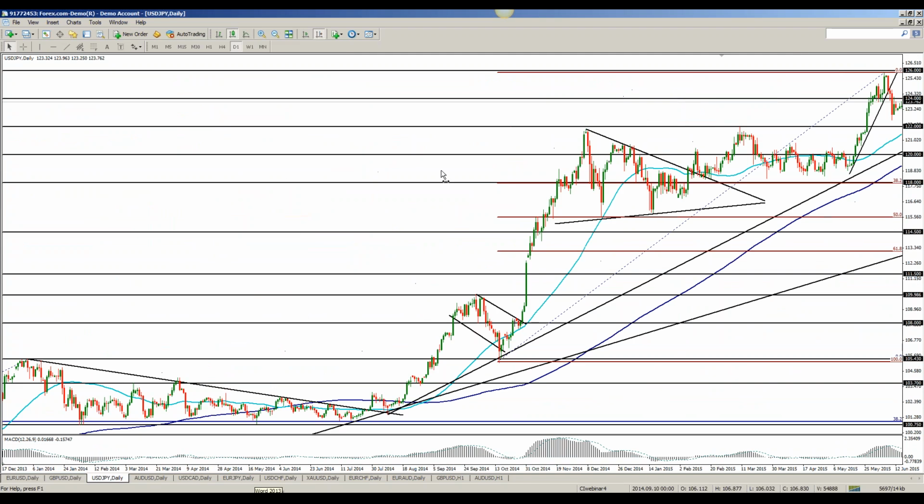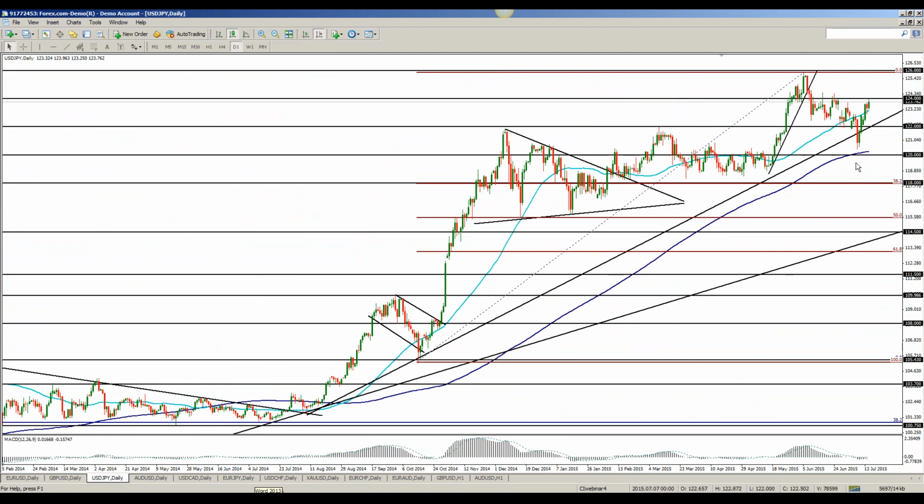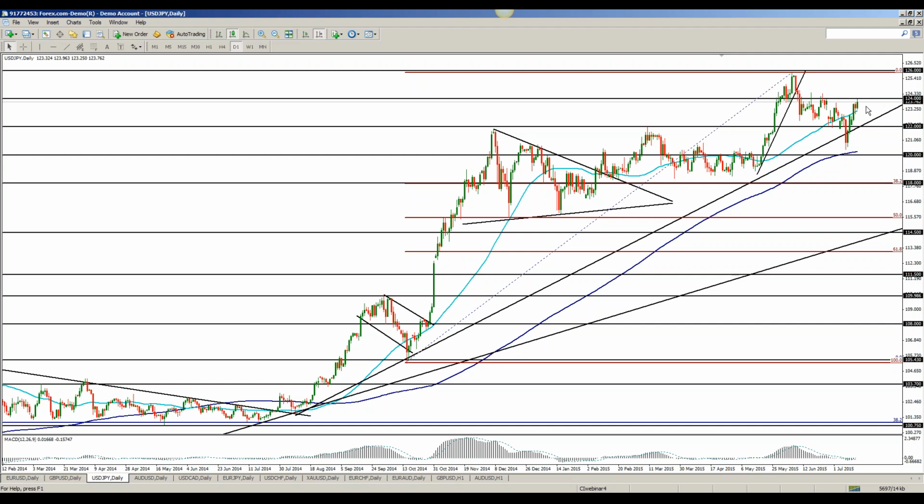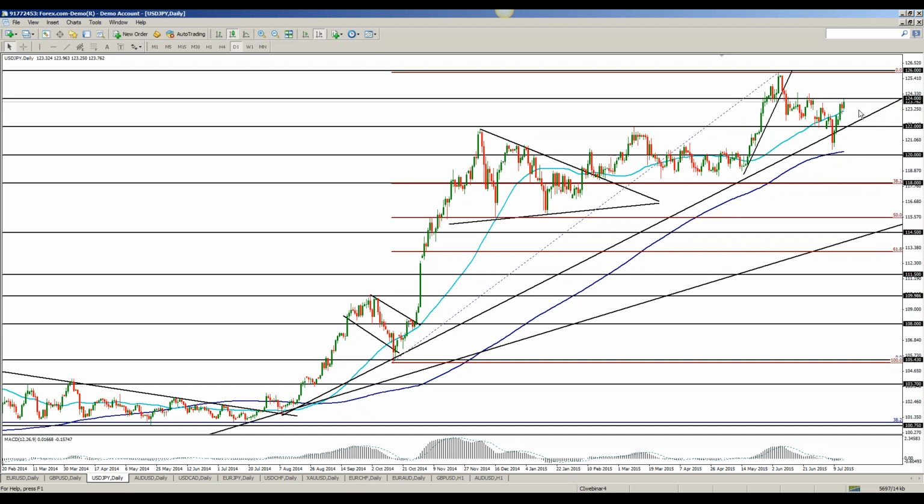Dollar yen, I'm bullish on dollar yen. Why? First of all, because of the dollar strengthening that has been in place for quite some time. Also because of the potential rate hikes. The Japanese yen most recently strengthened, which means dollar yen went down, because it's known as a safe haven currency.